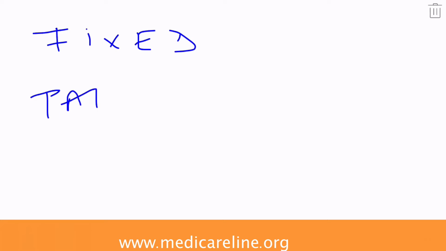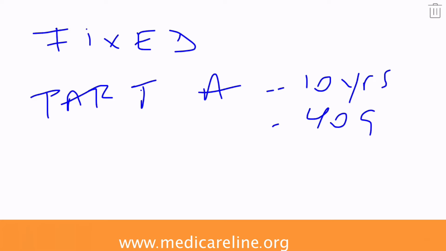So let's talk about fixed costs. With Medicare you have your Part A, and Part A is your hospital. Most people do not pay a premium. They don't have a fixed cost for Part A. What I mean by that is it's otherwise called premium free. If you work 10 years or 40 quarters, you generally don't pay a Part A premium.